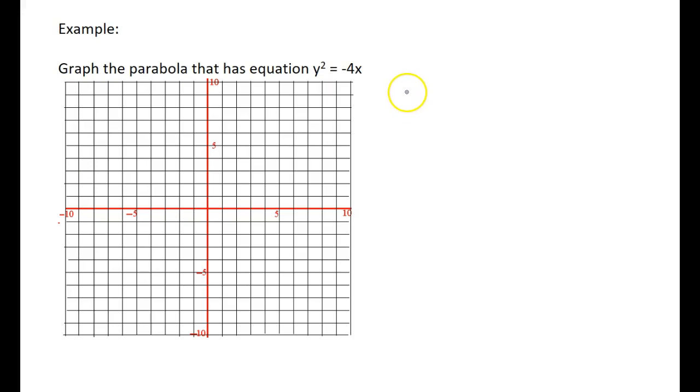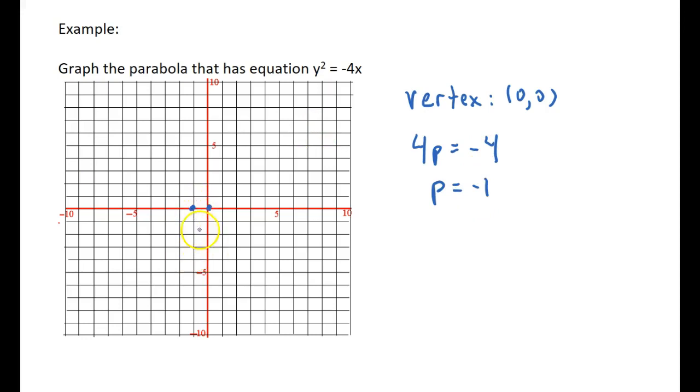Okay, so our vertex is at 0, 0, so let's put that point right there. Now, 4p is equal to negative 4, which means p is negative 1. You'll notice that y is being squared, so that means this is opening either left or right. Well, since p is negative, the parabola is opening to the left.